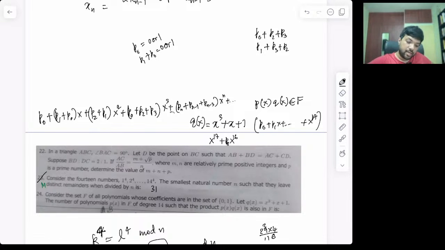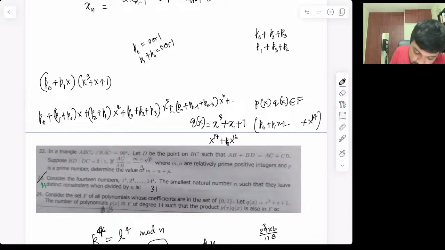So then the solution would be very short, right? The answer would be P0 plus P1x, into x cube plus x plus 1. P1 is forced to be x, and we are done, right?